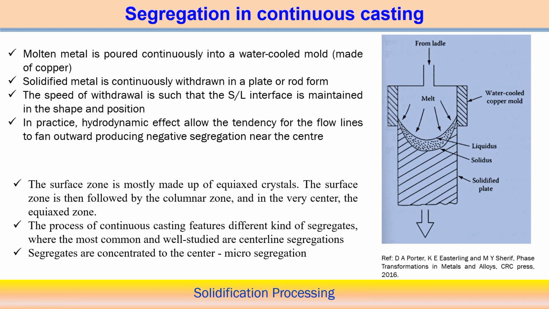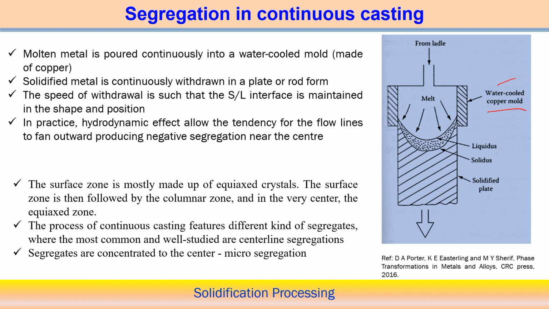Now, similarly we can look into segregation in the continuous casting process. In continuous casting, there is a continuous pouring of molten metal into a water cooled copper mold, so that a high rate of heat transfer occurs through the copper.